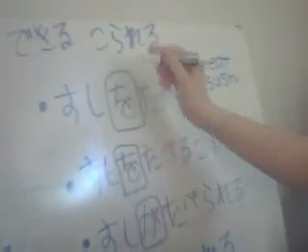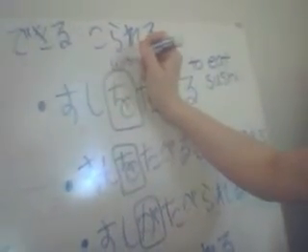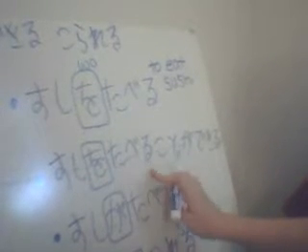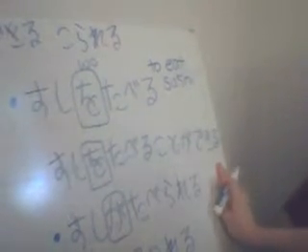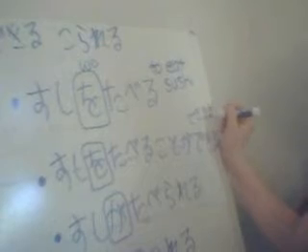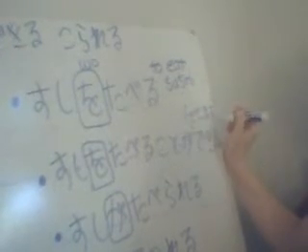So you're using the o particle. And below it, this is the first potential form that I taught in the previous video, the easy way. Sushi o taberu koto ga dekiru, or dekimasu. I know it's hard to read.